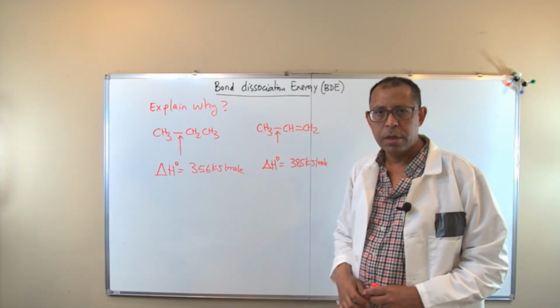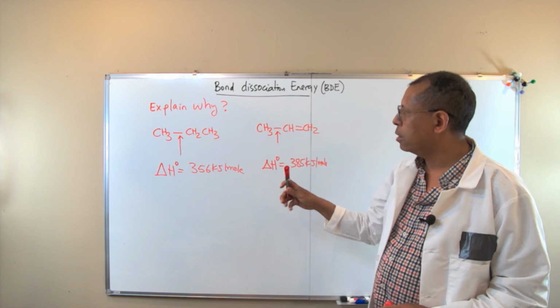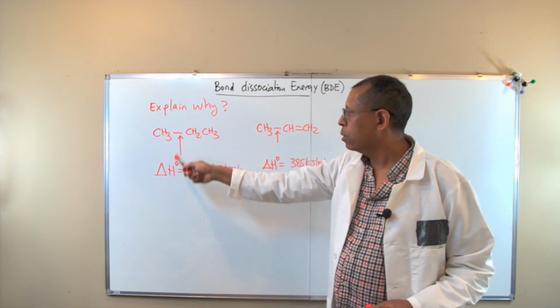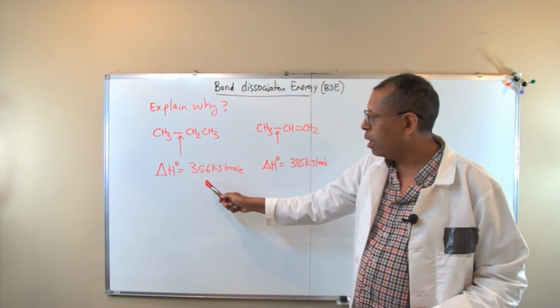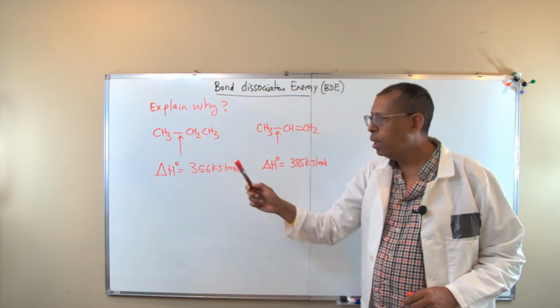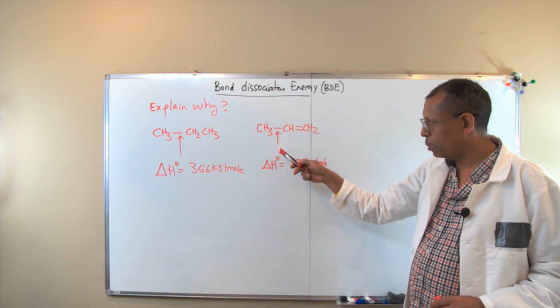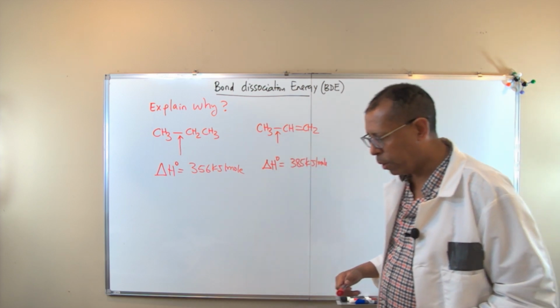I have another important question, and it is asking us to explain why the bond dissociation energy between this carbon and that carbon is 356 kilojoules per mole in propane, while in this carbon-carbon bond dissociation, it is 385 kilojoules per mole.